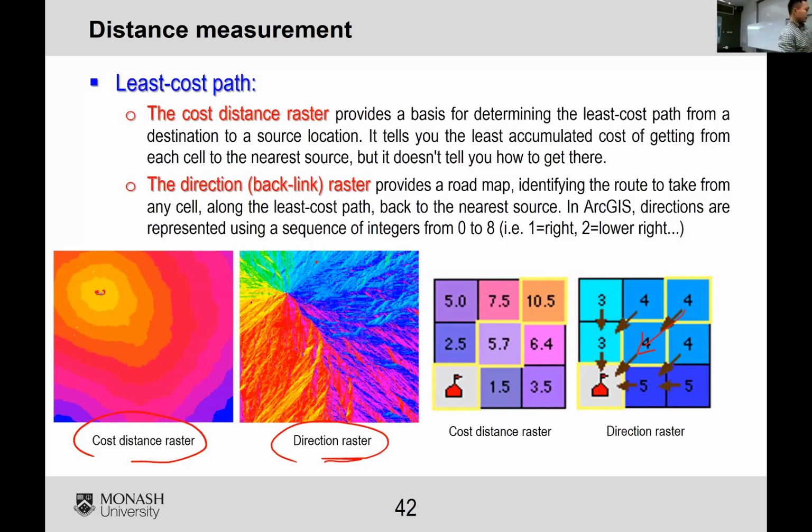In order to calculate the least cost path, you will need both the distance raster, the cost distance raster, and the direction raster. So in the task, you'll be producing both of them and using them to calculate the least cost path.